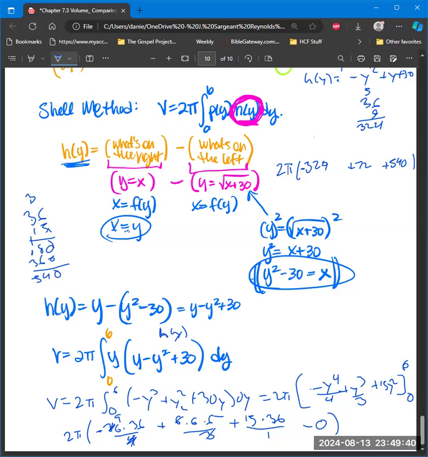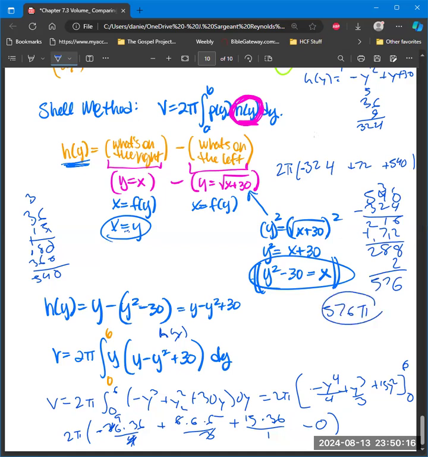Those are on the outside. So negative 324, 540 minus 324, say, is 216 plus 72, 288, it looks like, times 2, 16, 17, 576 pi.